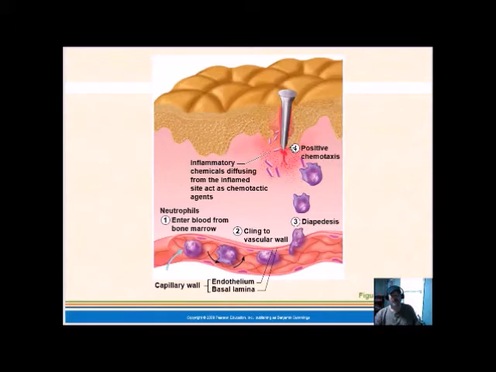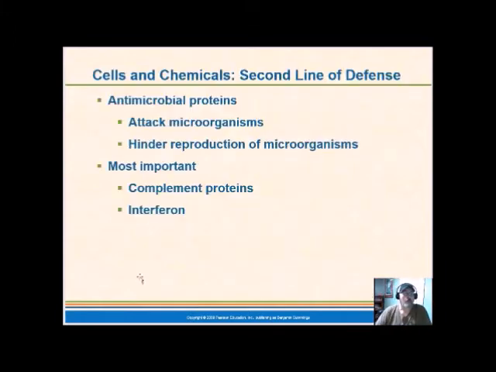And that causes that release of chemicals, which causes inflammation to occur in the area, and also causes blood cells that are normally in the vessels to come out of the vessels and get into the area where the damage has occurred to do cleanup.